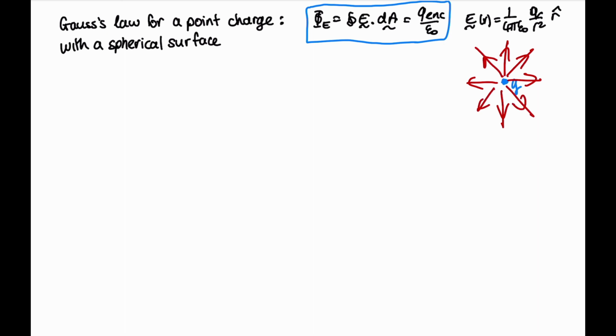And we are going to take a spherical surface here with a radius r, and this is all in 3 dimensions. This is a relatively simple situation, so we should be able to directly calculate all the integrals and show that the equation for Gauss's law is true in this case. Okay, so we want to find out what E dot dA is.